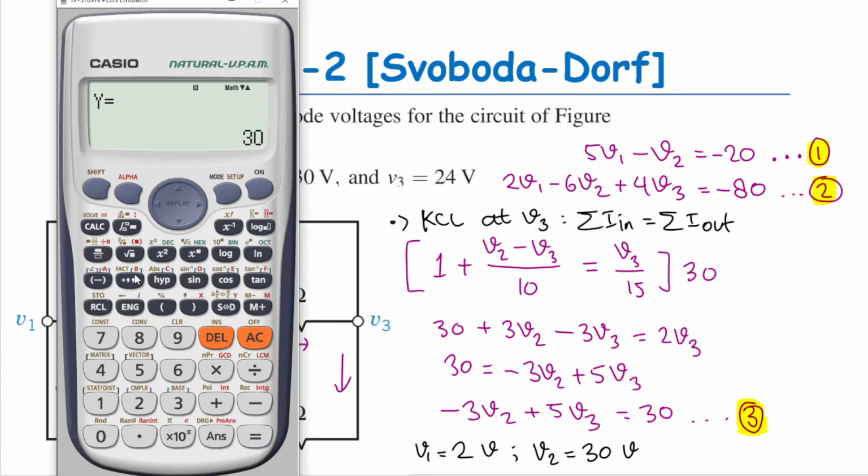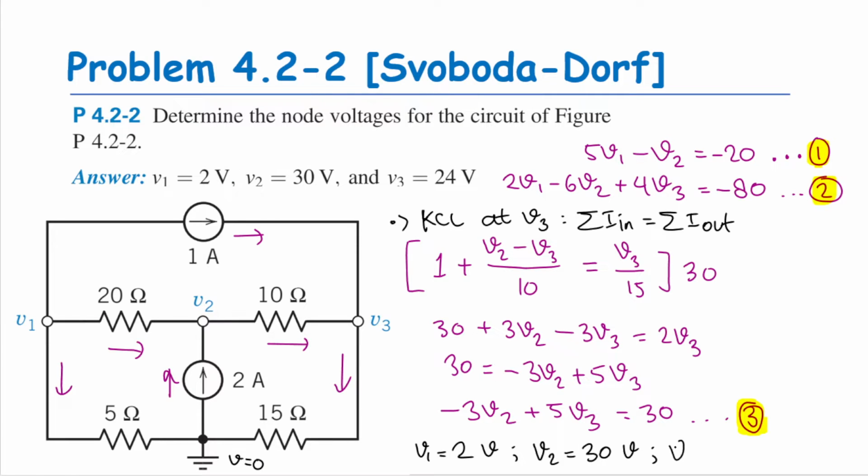And then V3 is the Z value, which is 24 volts. V3 is 24 volts. Okay, and I think that is the answer, which is exactly the same answer as given by the problem. So I think I did not make any mistakes in my calculation.